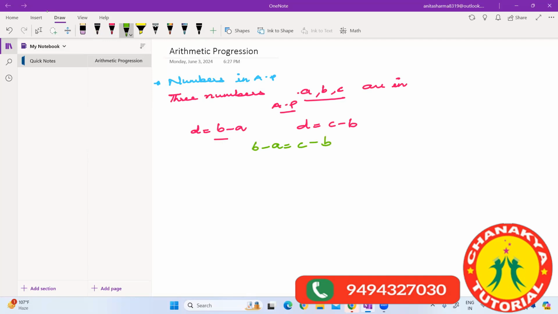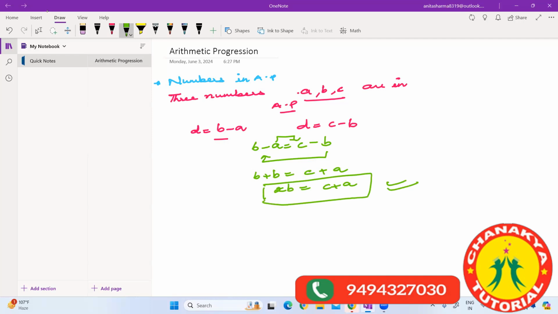Now transpose this B here and A to the right hand side. So B plus B is equal to C plus A, or you can write 2B is equal to C plus A. This condition should be in your mind. If 3 numbers are in AP, then 2B will always equal C plus A. Twice the second term is equal to the sum of the extreme terms, right, beta?